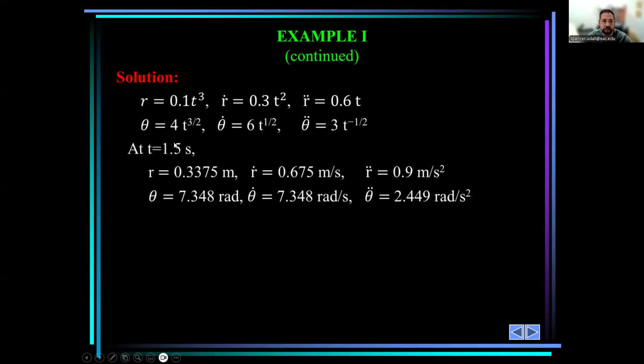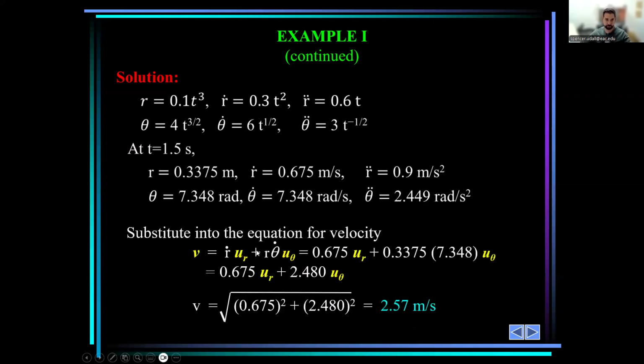And so if we plug in 1.5 seconds, these are all the values that we get for those. From there, we had our equations for the components of velocity and the components of acceleration. The r dot was the r component of velocity, so that would just be 0.65675 here.